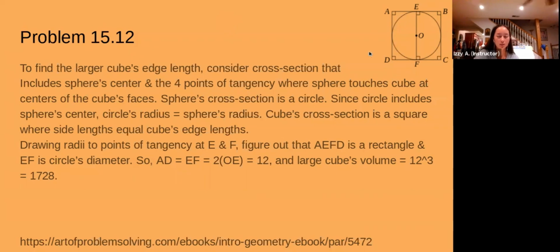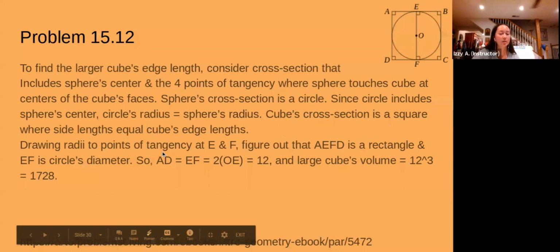So the sphere's cross section is a circle. And since the circle includes the sphere's center, the circle's radius is also going to be the sphere's radius. So the cube's cross-section is a square where side lengths equal the cube's edge lengths.